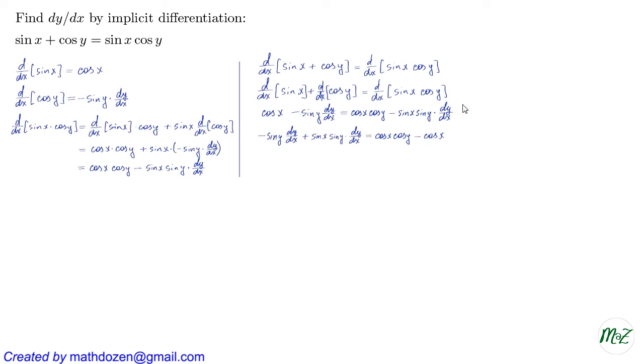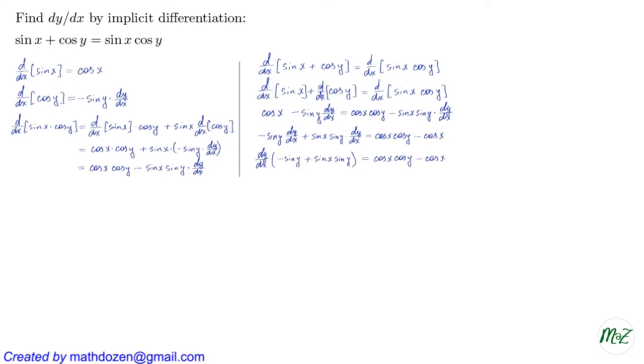So we're going to collect dy over dx terms on the left-hand side. So we're going to move this sin x sin y dy dx term to the left, and we're going to subtract cosine x from both sides. So this way we have negative sin y dy dx plus sin x sin y times dy dx. All of that equals cosine x cosine y minus cosine x.